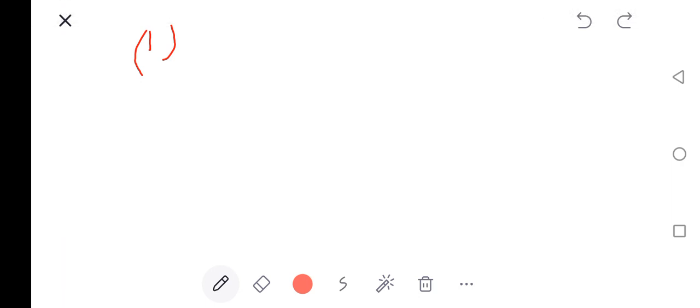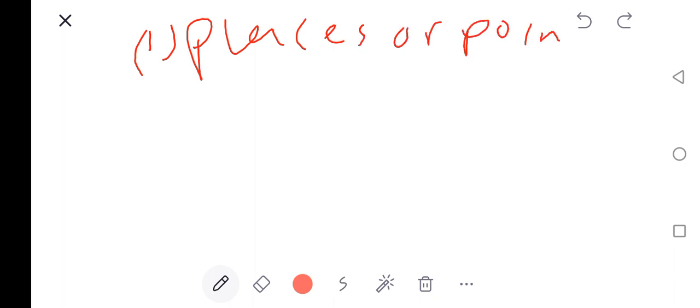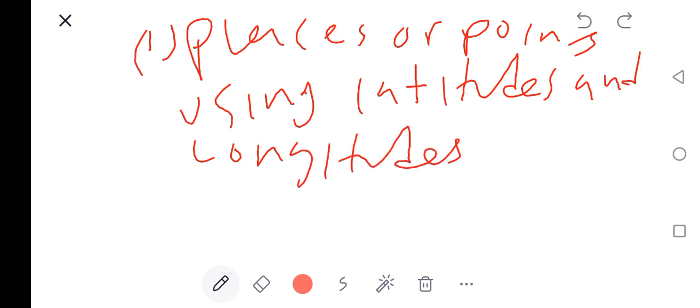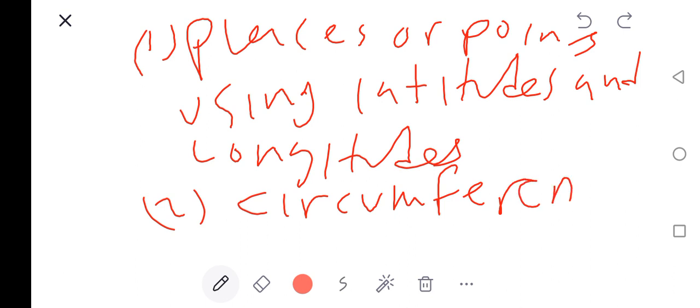Number 1, one should know how to find places or points using latitudes and longitudes. That's the first one. 2, one should know how to find circumference.